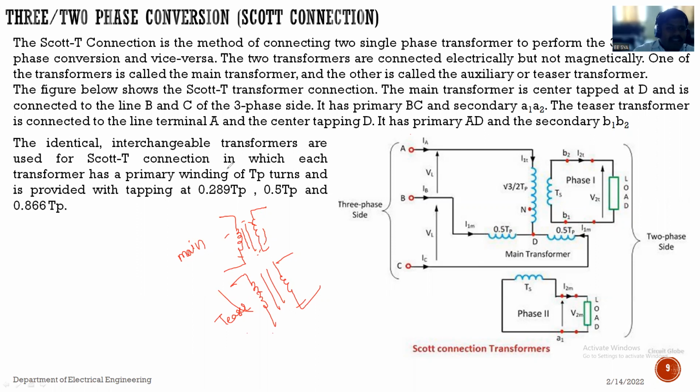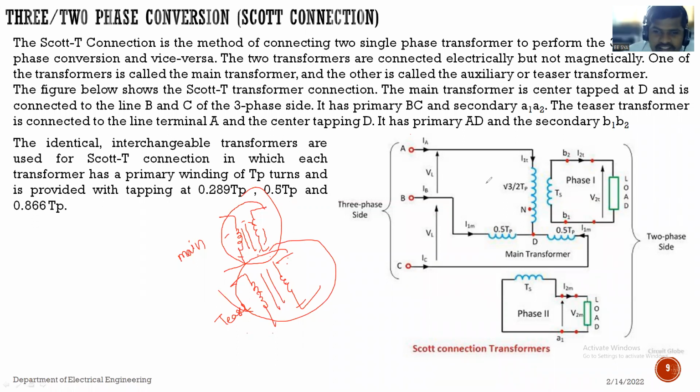Okay, see, what sentence I have told: the 2 transformers are connected electrically but not magnetically. This is one transformer and this is another transformer. These 2 transformers are not connected magnetically but are connected electrically. So now can anyone tell which one is the main and which one is the teaser? Okay, let it be.